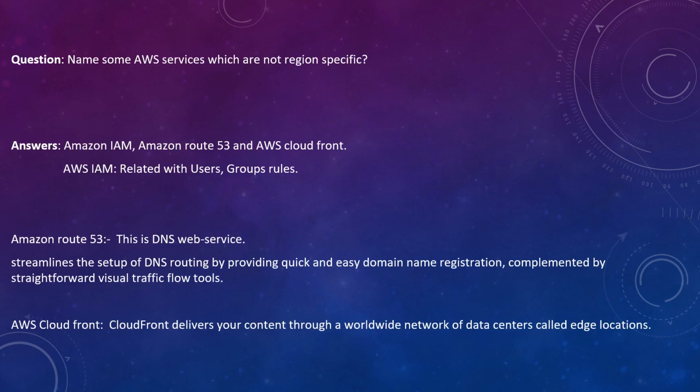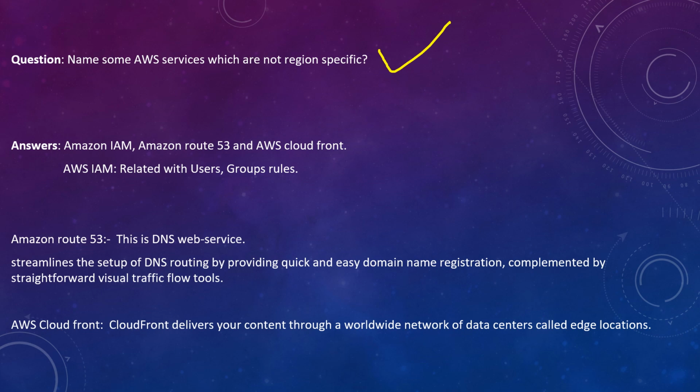Name some AWS services which are not region specific. Yes, guys, AWS is a global platform, so maximum AWS services are region wise, right? But a few services in AWS are not region wise. What are these?